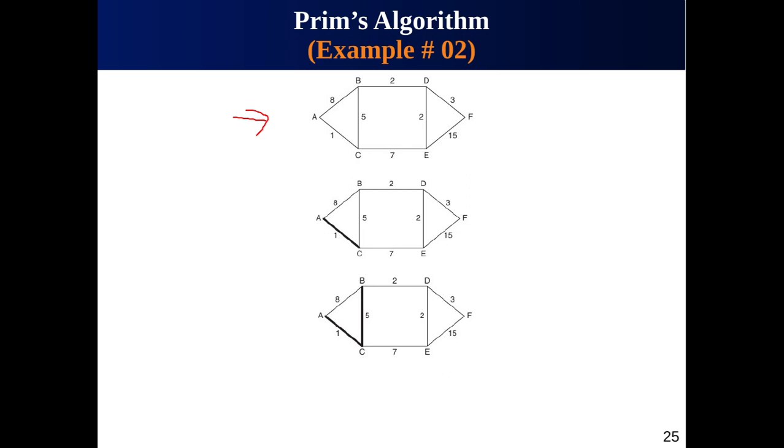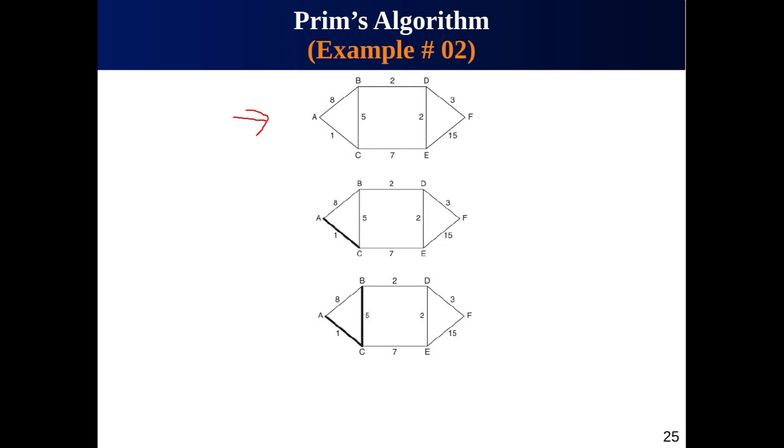You add all the weights of the individual edges, and you get a sum of the weights. That sum must be less than the sums of the other spanning trees. Okay, let me revise. If you have a graph like this, then several spanning trees are possible. But we are interested only in a particular spanning tree.